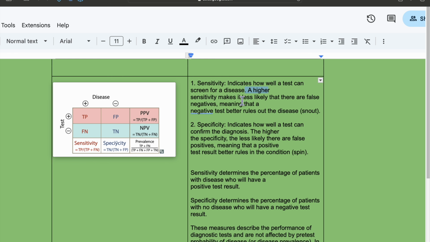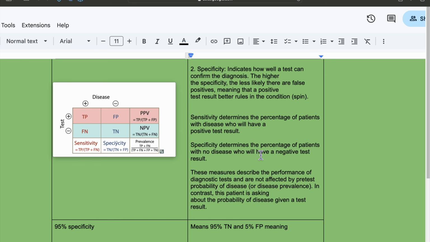A higher sensitivity makes it less likely there are false negatives. So if there is some condition, we want it to be picked up by the sensitive test, meaning that a negative test better rules out the disease. SNOUT. So if ANA is negative, then we can be sure that it's not SLE or scleroderma or anything like that, right?